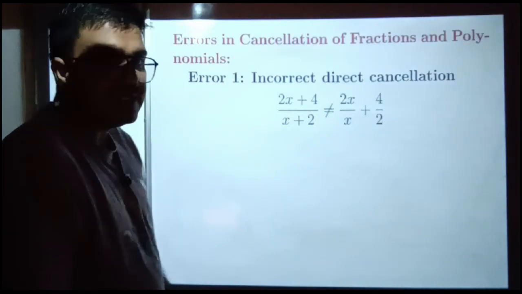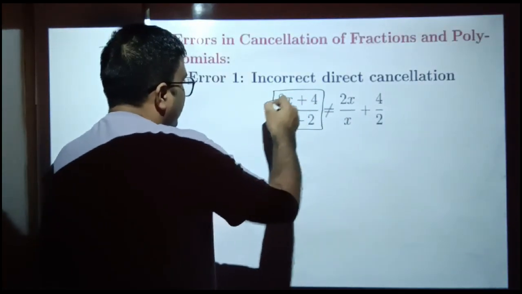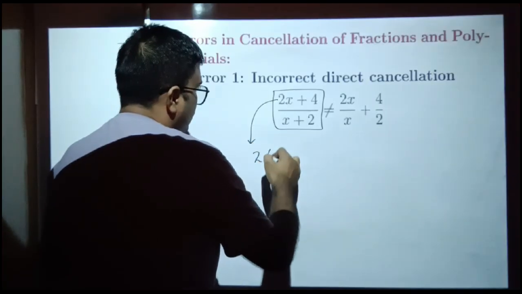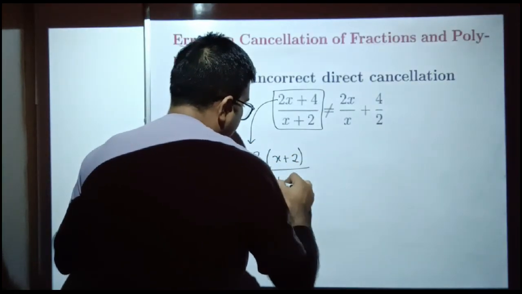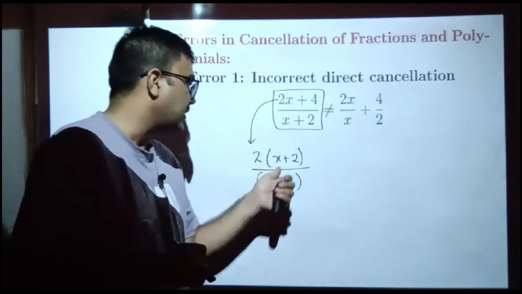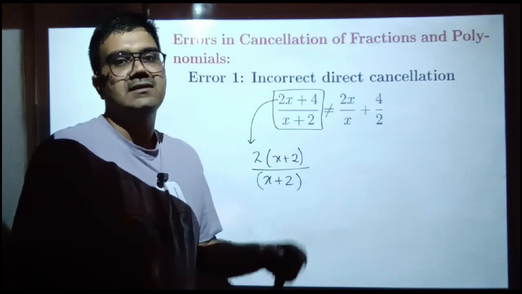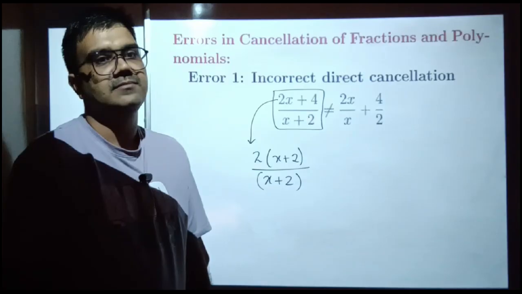How do you have to solve these kinds of things? You have to factorize the numerator. You will write 2 into x plus 2 divided by x plus 2. Only after factorization are you going to cancel the terms. Before factorization you are not supposed to cancel the terms.